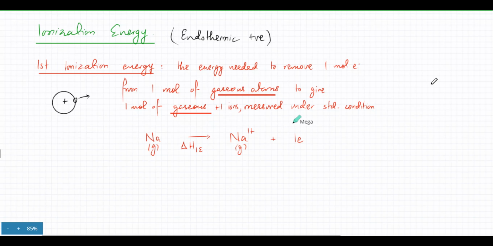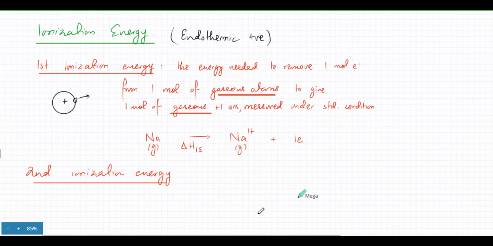The second ionization energy is going to be exactly the same. You can remember the definition. They usually ask for the equation, but not the definition, for the second or the third, because you can remove a lot of electrons.